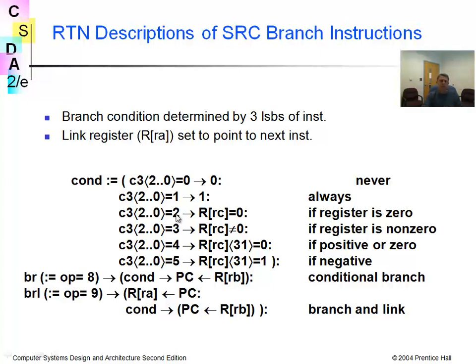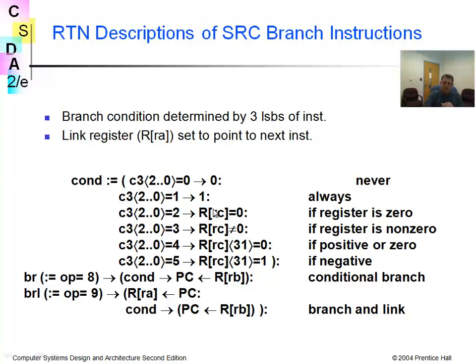If it is equal to decimal 2, that means branch if the content of R of RC is equal to 0. The RC field is 5 bits, 0 to 4, 2 to the power of 5 is 32, so it could have a value between 0 and 31.